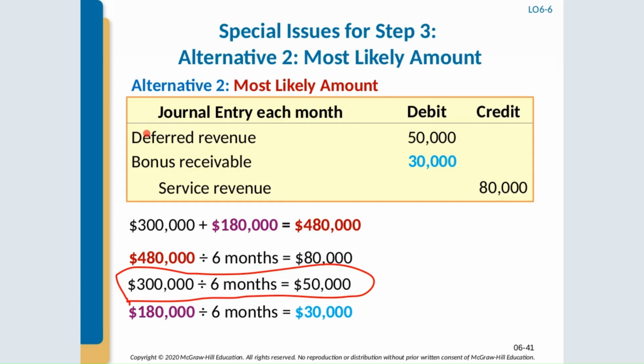So we debit deferred revenue, and then we credit service revenue. And then, because we're doing the most likely amount, and there was a 75% chance that we're going to actually recognize the 180, we're also recognizing the bonus as a bonus receivable. So what happens if we don't get the bonus?